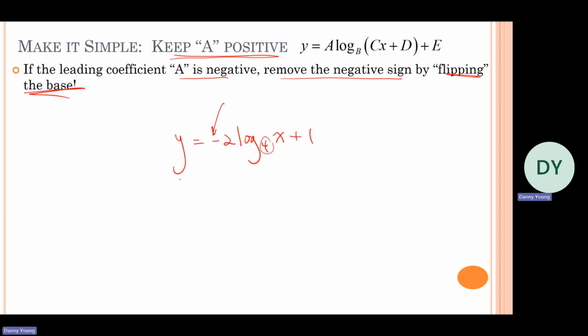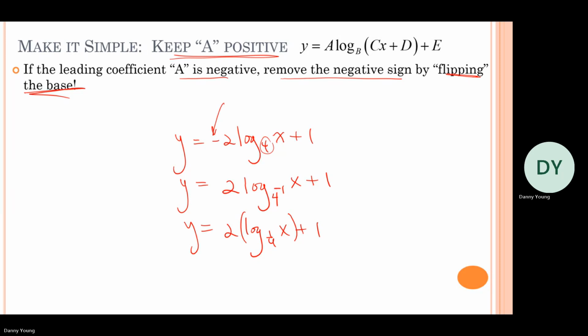So what you could do is you could write this as y is equal to +2 instead, and then log of, instead of just 4, it'll be 4 to the power of -1, and then x plus 1, like that. Okay? So therefore, your equation becomes 2 log of 1/4 x plus 1. We're good? It's easier. Okay? Just one little thing makes 10 times easier. Okay?